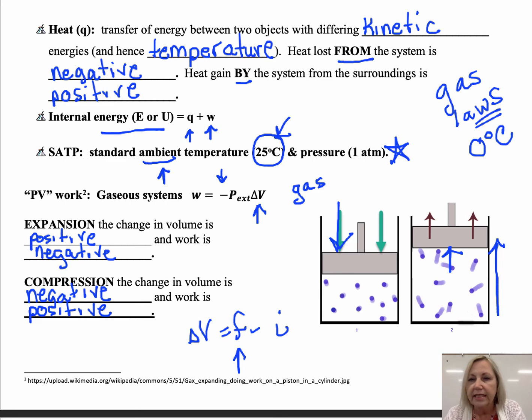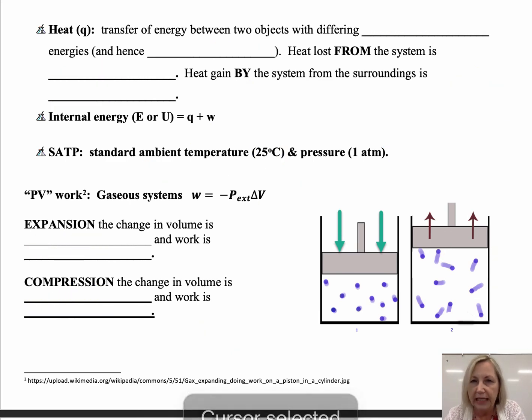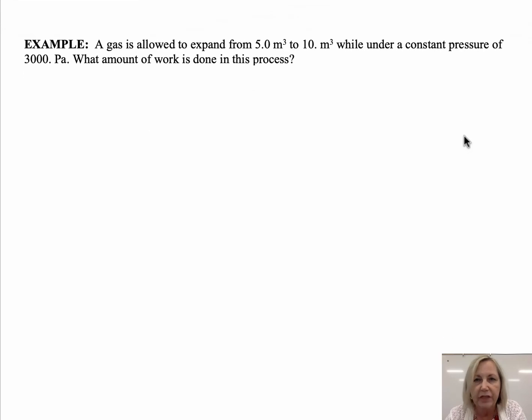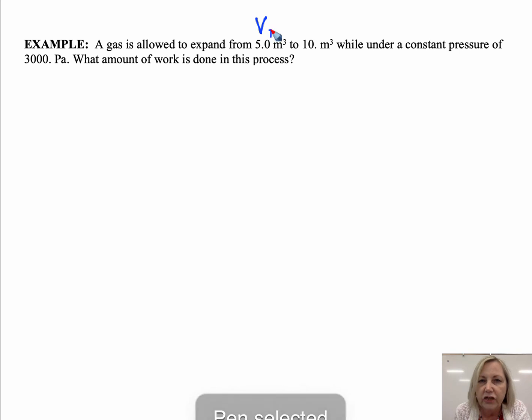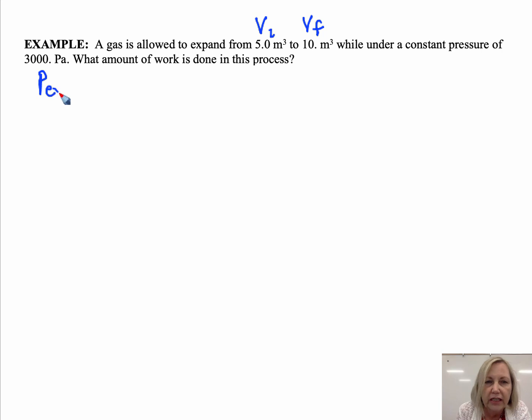All right, I haven't seen these calculations on an AP Chem test lately, but you may see them in your Gen Chem class or on an IB test. So you want to make sure you practice these a little bit. So if I have a volume 1, my initial volume, and a volume 2, my final volume, and I have an external pressure of 3,000 pascals. I want to keep everything in SI units. So joules and meters cubed and pascals would be my SI, my Système International units here.